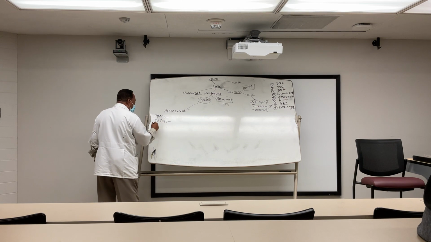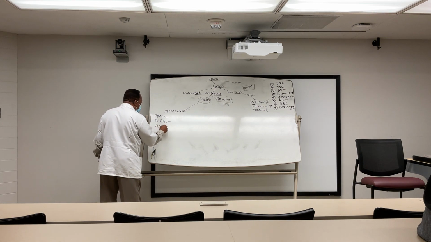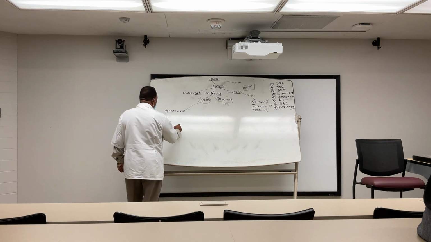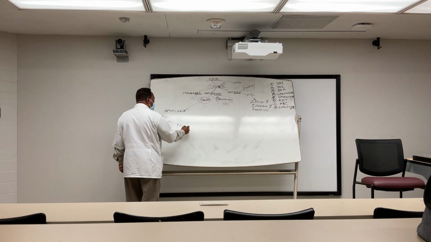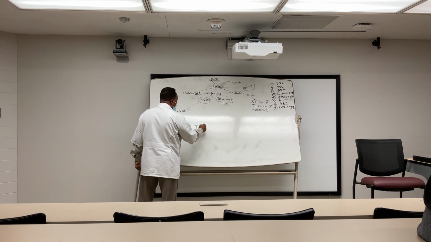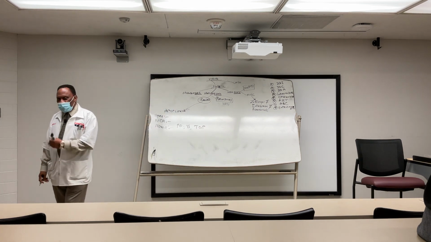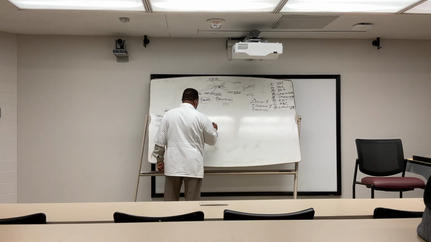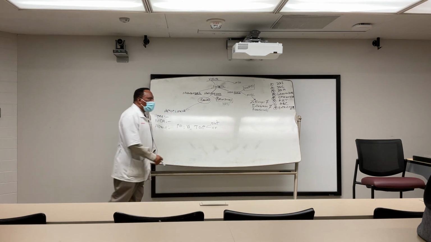And if we look at its ADME, we know that acyclovir can be administered per os, it can be given intravenously, and it can also be administered topically. Topically, you have the cream and the ointment, a 5% preparation.